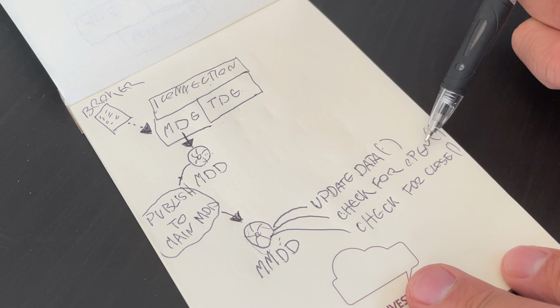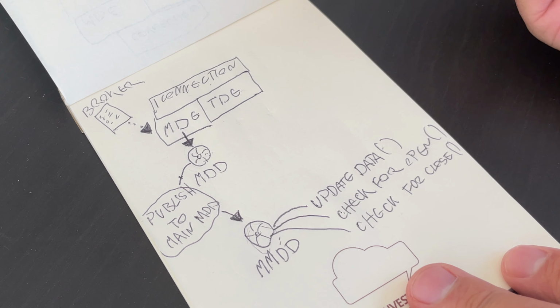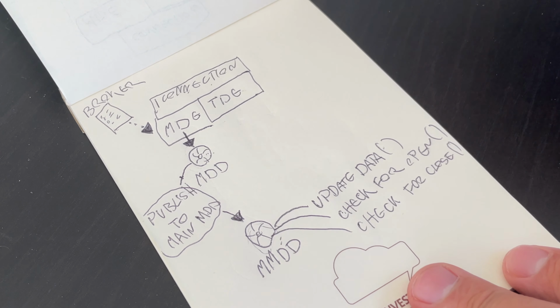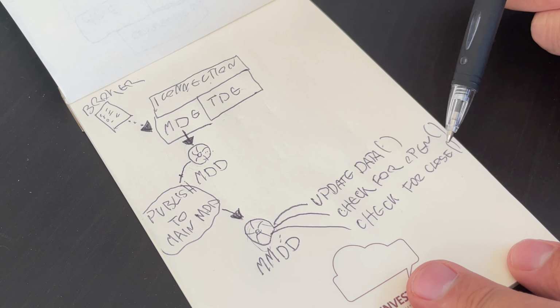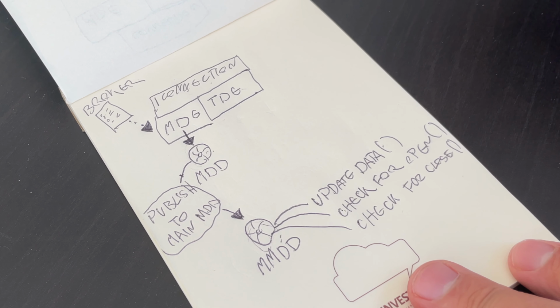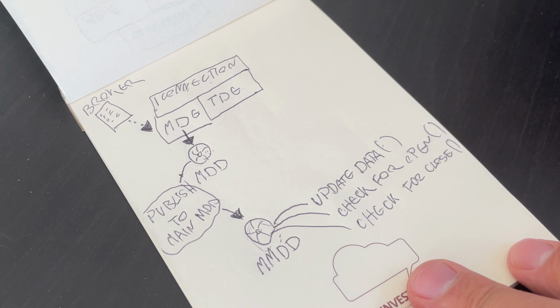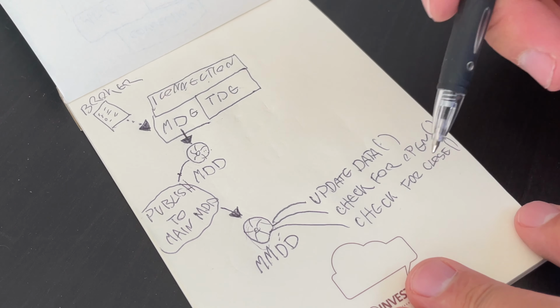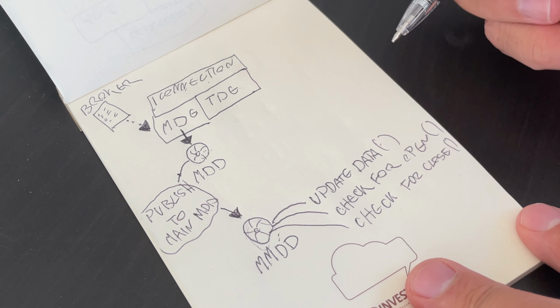Then we check all the strategies to see if there are any criteria to open a trade, and then we check for close. So then we check if any strategy needs to close some trades, and then it's also pushing the data. So now what happens if we send check for open or check for close?